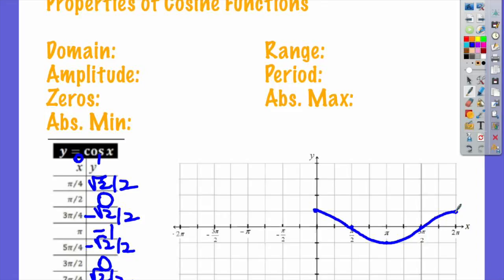Yes? Yes. All right, let's do the other side. Anna, so if I kind of continue that pattern going backwards and using my unit circle, if I go to negative pi over 2, what's the cosine of negative pi over 2? It is 0. And if I keep going, what is the cosine of negative pi?